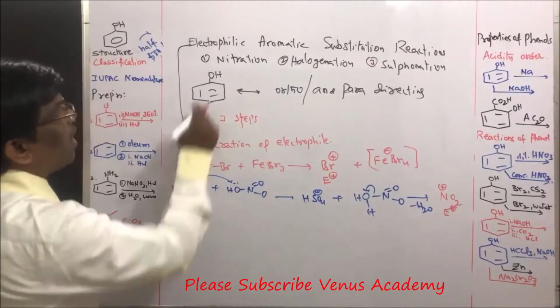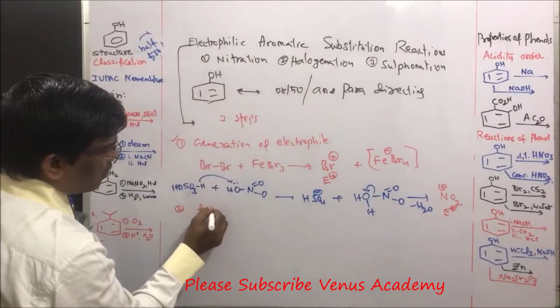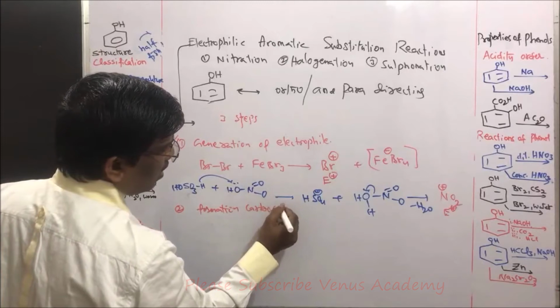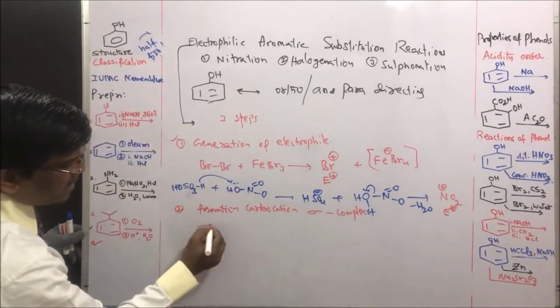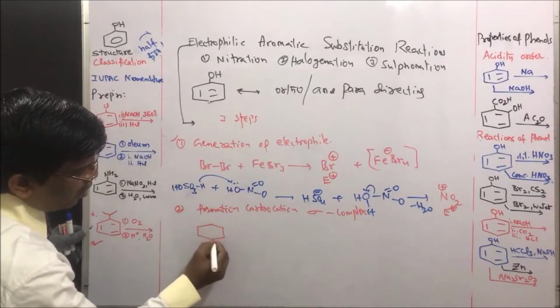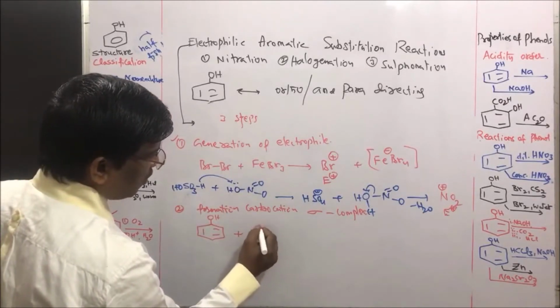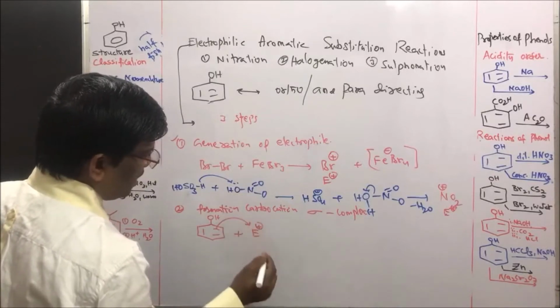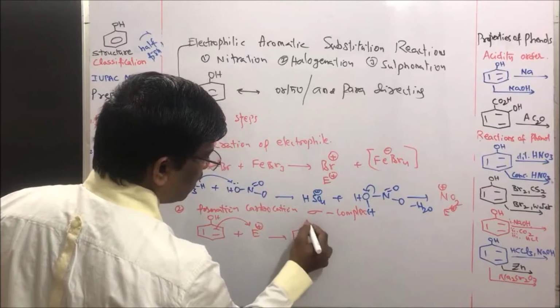The second step under electrophilic aromatic substitution is formation of the aryl carbocation or sigma complex. What is going to happen in this case? For example, this is phenol and it is the electrophile. It takes up this and it is going to form a carbocation.